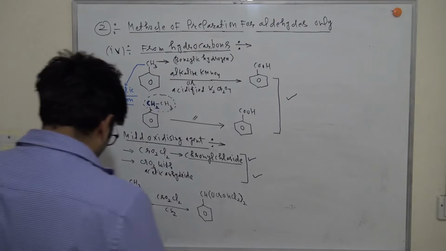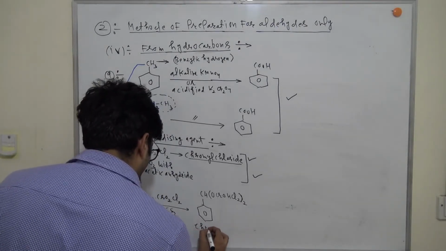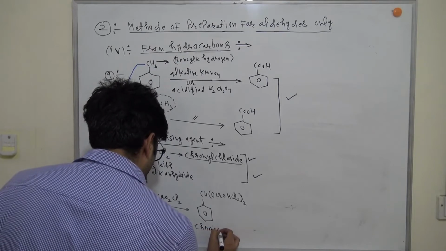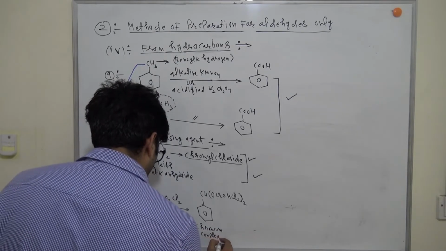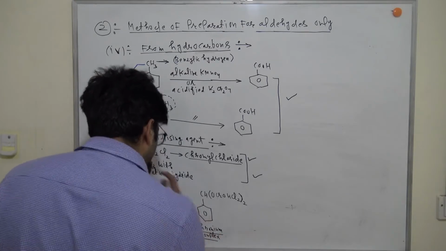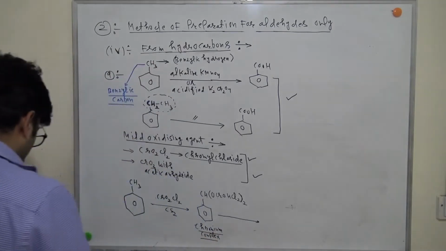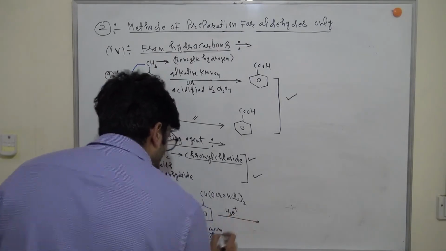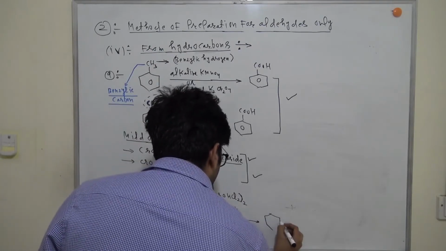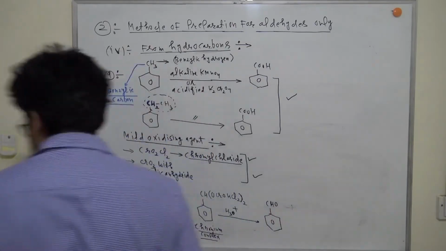This compound will form, and this is basically a chromium complex, and if you do its further hydrolysis, then we will get benzaldehyde.